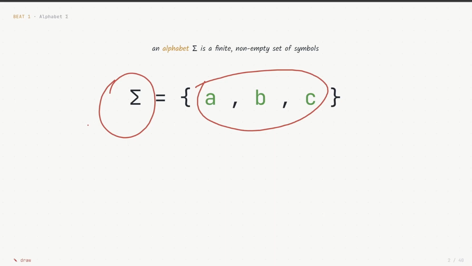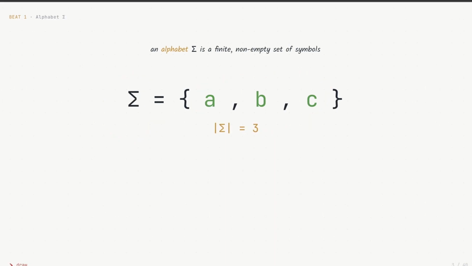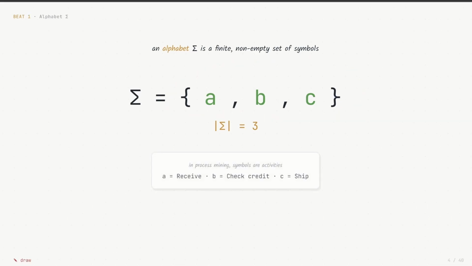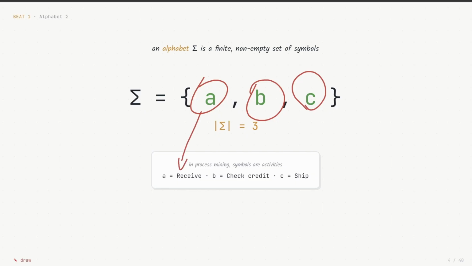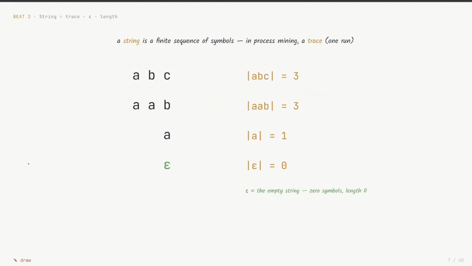Next up is its size. So here you just count the number of elements you have in your set and get the size. Simple, very simple until now. One thing to know is that each of these symbols represents an activity, as you can see here. So a string is a finite sequence of symbols, and that's representing a trace.